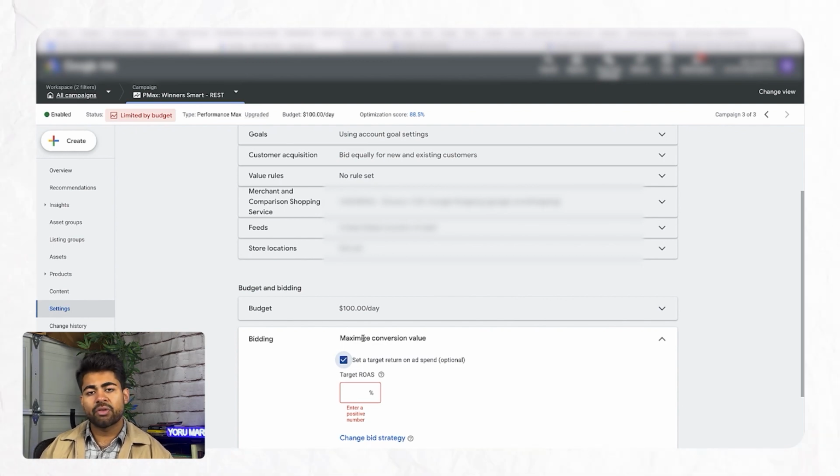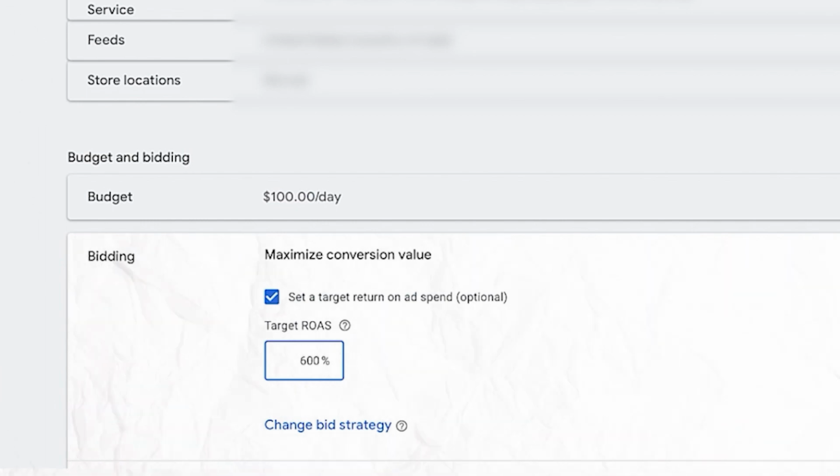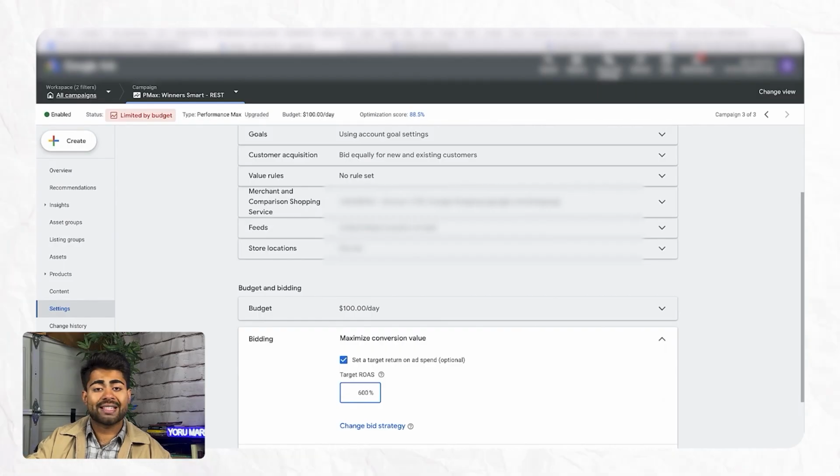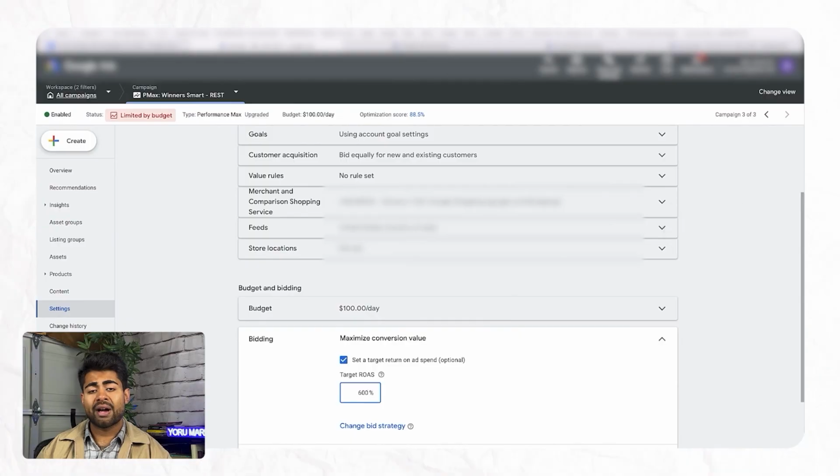The next Performance Max campaign would run at a very high target ROAS. So that could be maybe 500%, 600%, 700%. The number that you choose is up to you, again, based off of real data. And this second campaign is going to work as our low bid campaign. So getting the low hanging fruits, getting the best possible audience, the highest return on ad spend possible.